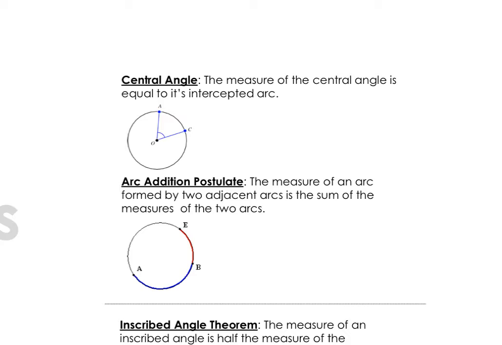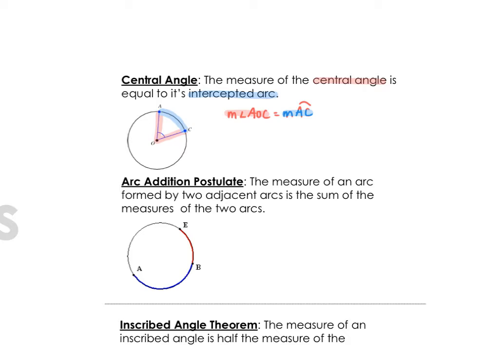So if we were to put that in symbols, we would say the measure of angle AOC is equal to the measure of arc AC. The central angle is AOC and the intercepted arc is AC.